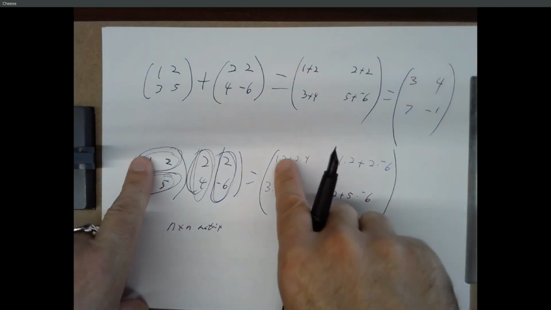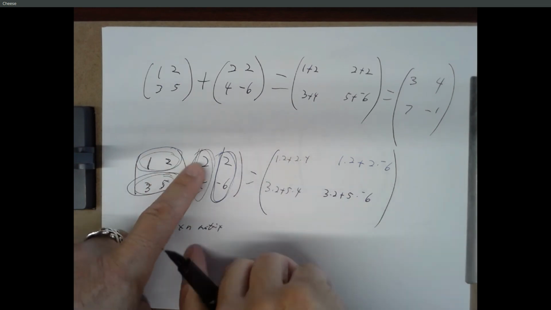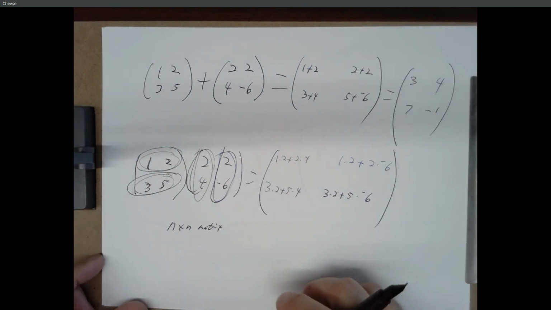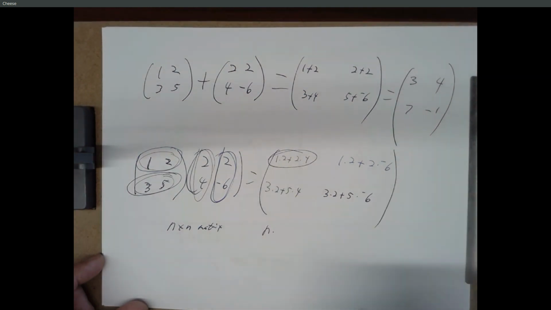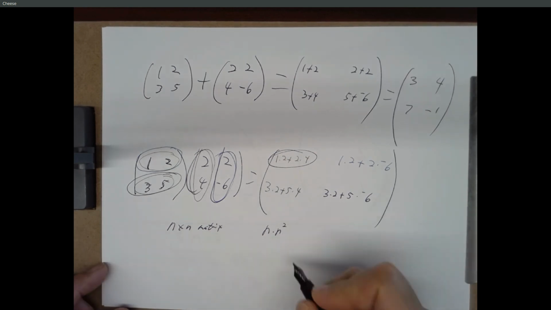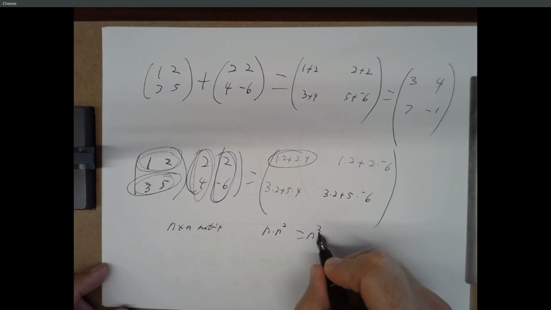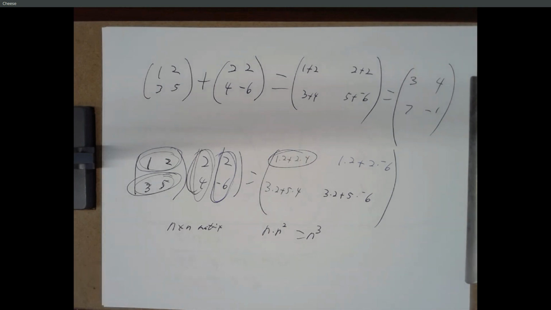Right? First element times first element, second times second, third times third. You're going to have to do n operations to find the value of this resulting element. And how many elements do we need to compute in the output? Well, an n by n matrix has n squared elements, so we're doing n cubed operations.